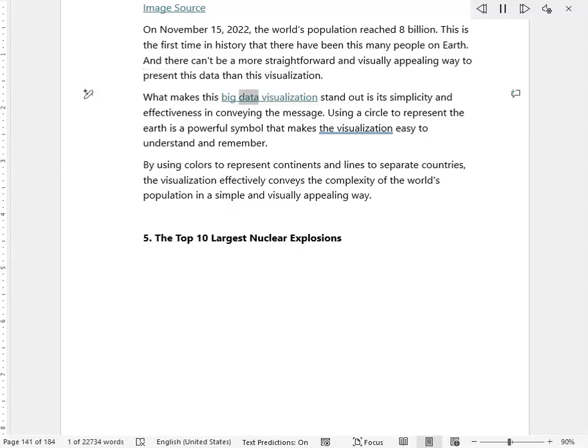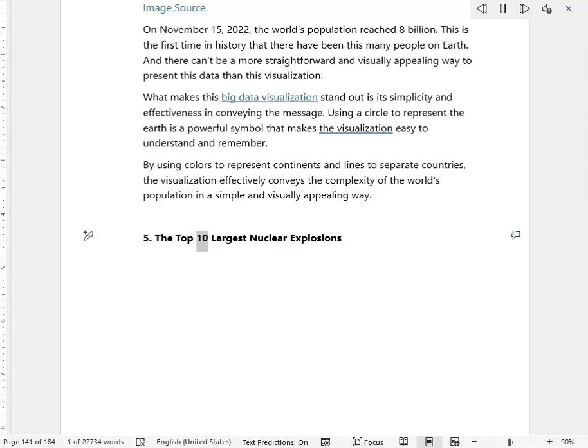What makes this big data visualization stand out is its simplicity and effectiveness in conveying the message. Using a circle to represent the Earth is a powerful symbol that makes the visualization easy to understand and remember. By using colors to represent continents and lines to separate countries, the visualization effectively conveys the complexity of the world's population in a simple and visually appealing way.